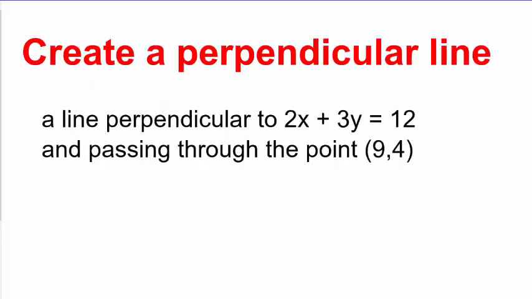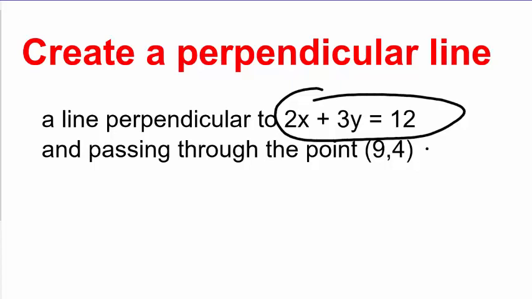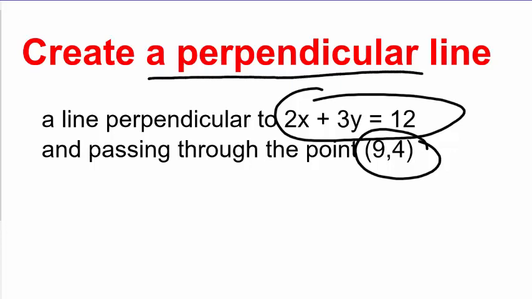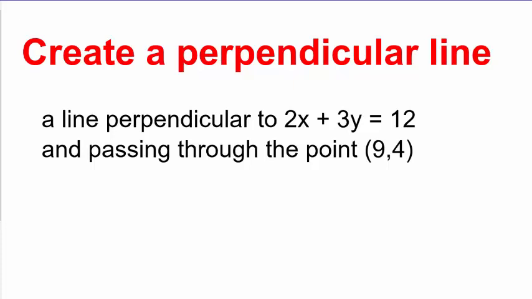So let's do an example. Same line, 2x plus 3y. This time, again, same point, (9, 4). This time we want to create a perpendicular line that's passing through (9, 4). So since slope is important, let's figure out the slope first.